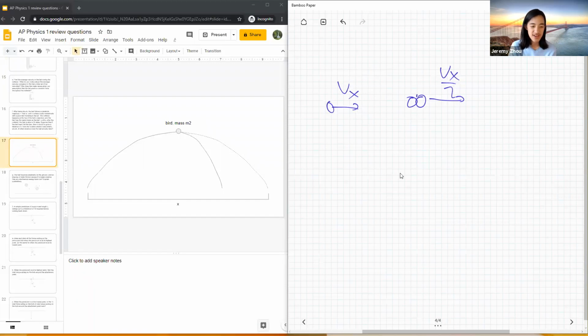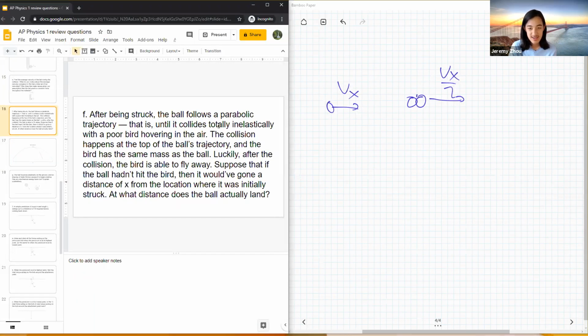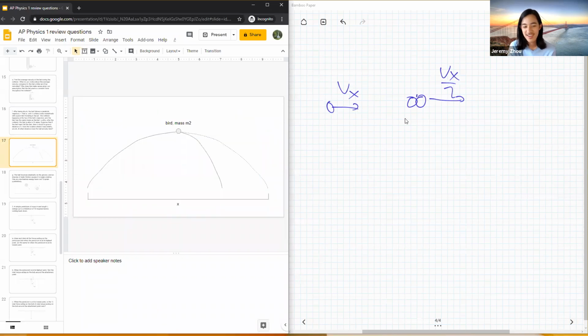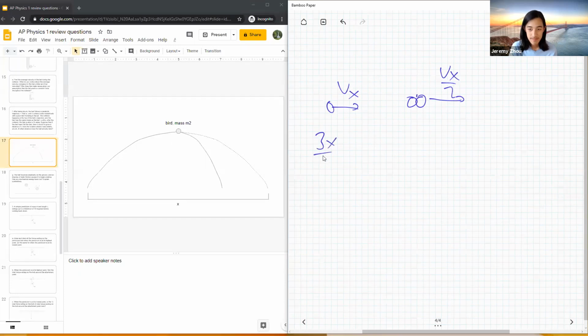Yeah, the collision is perfectly inelastic. That's what I meant to say. It says totally inelastic. So the velocity is halved, and because the time taken to fall is the same, it'll travel only half the distance it was supposed to. So the distance traveled will be 3x over 4.